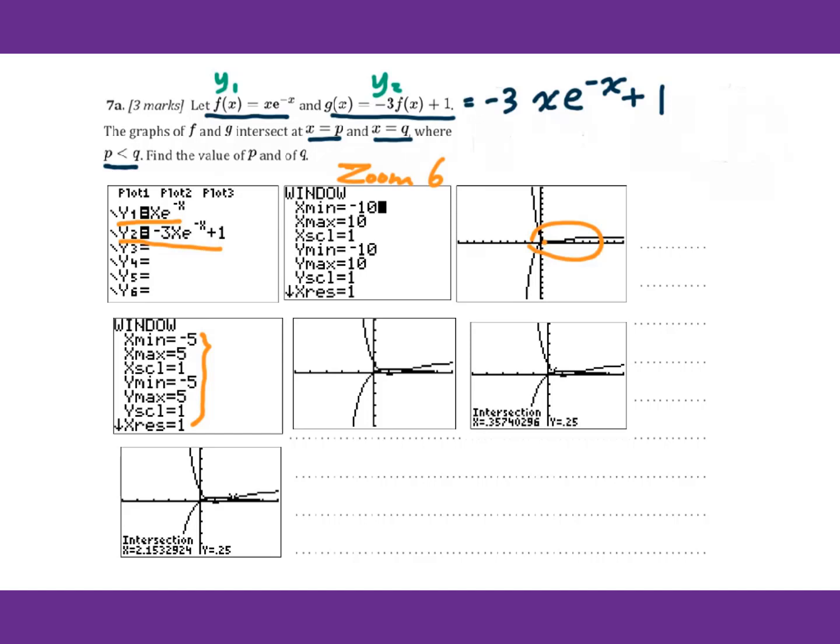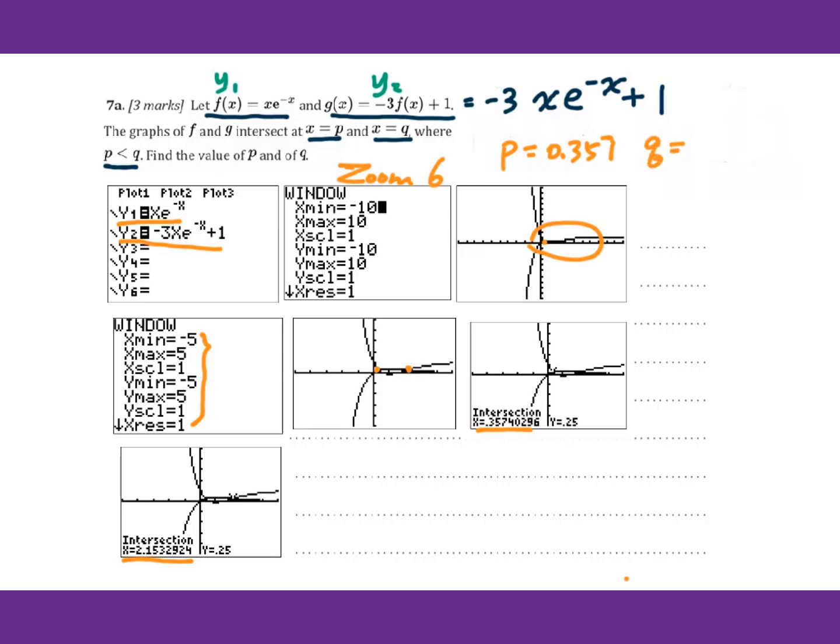Then I got this graph. I could see that this is an intersection. So I use the graphing calculator and get x is 0.357. Then I get the other intersection, which is 2.15.